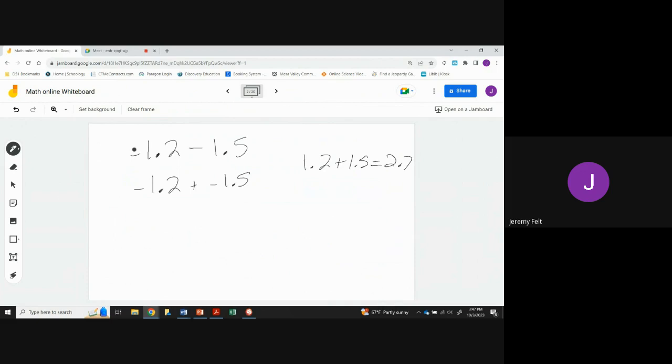So if it's the opposites of both of these and I'm adding them together, then it's going to be negative 2.7. So that's another way to think about it, using those opposites and what you know about adding decimal numbers and applying that to their opposites. So negative 1.2 plus negative 1.5 gives me negative 2.7.